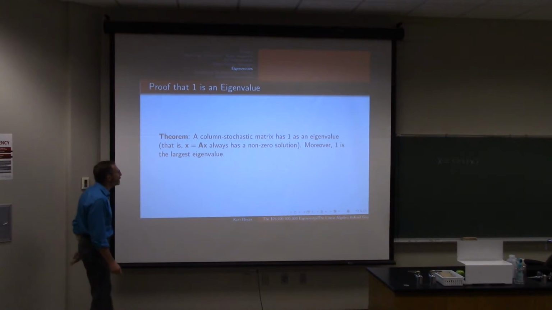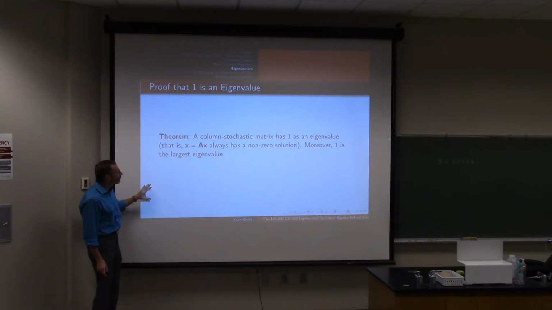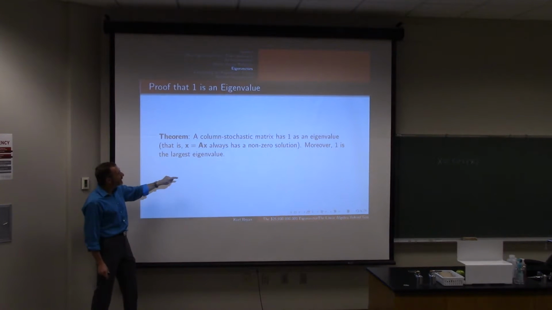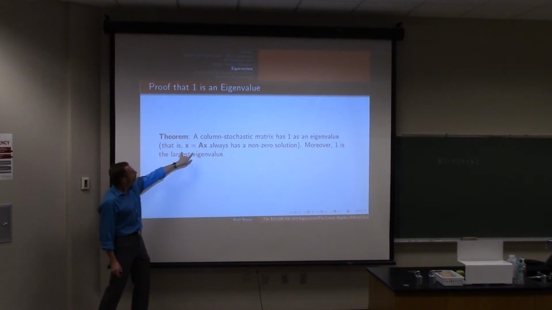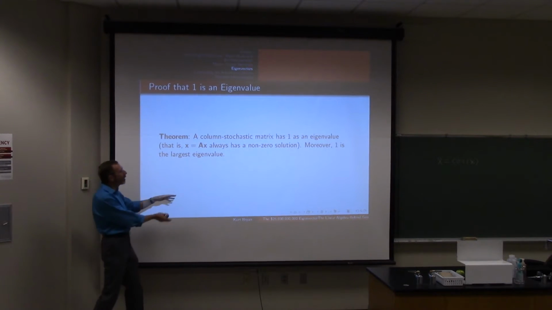In other words, the PageRank algorithm requires us to find an eigenvector for A with eigenvalue 1, and it's guaranteed to always exist for these matrices where the columns sum to 1.